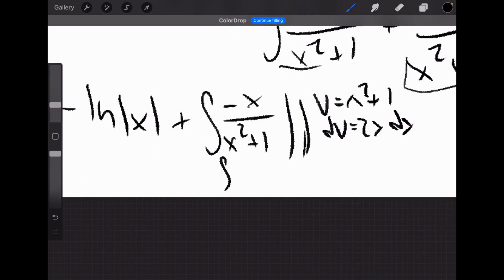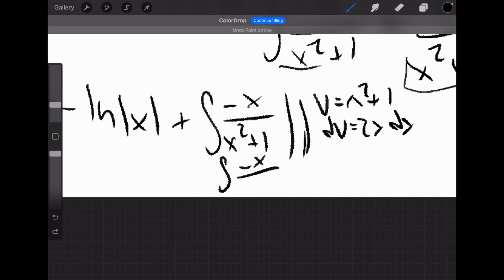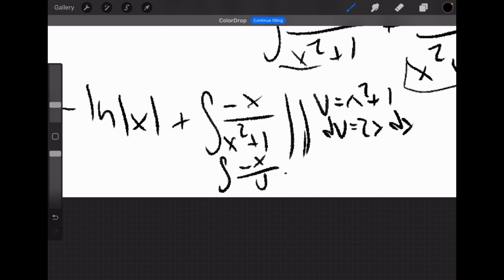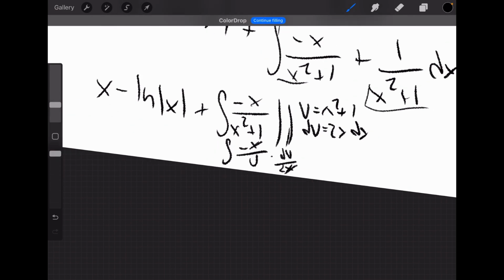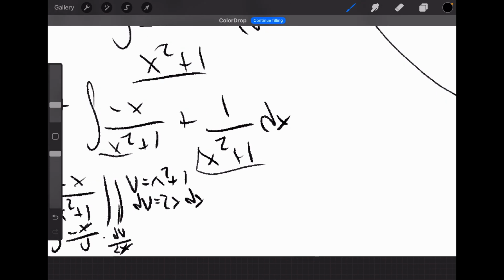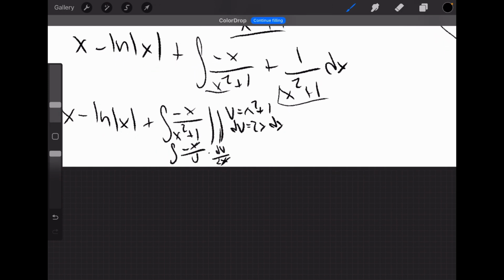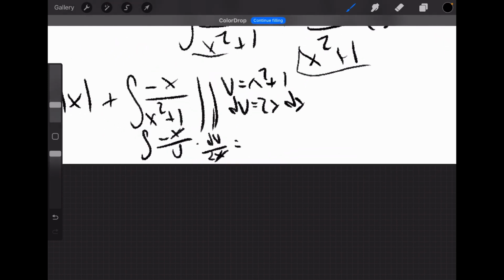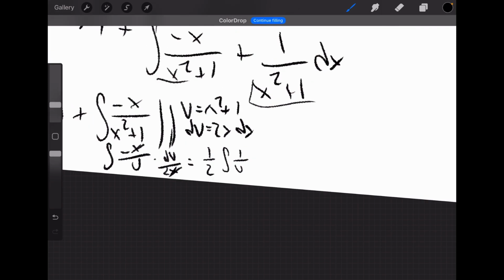So that's going to become negative x over u times du over 2x, so that's going to cancel out. And the other part is just arctan, right, because it's x squared plus 1. So this is going to become 1/2 times 1 over u, which becomes natural log, and this is arctan.